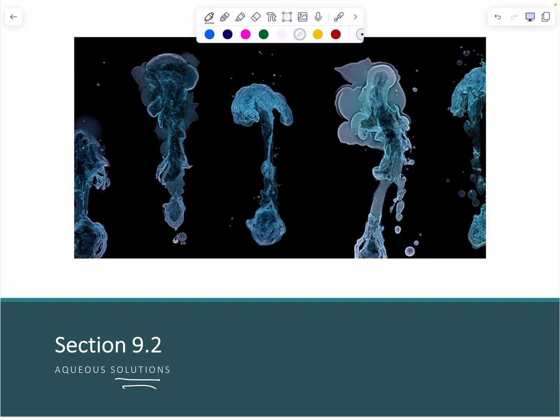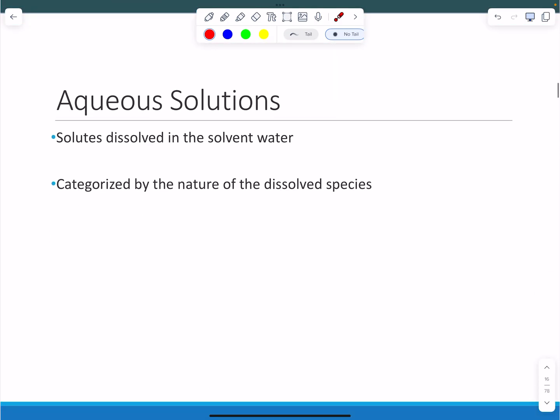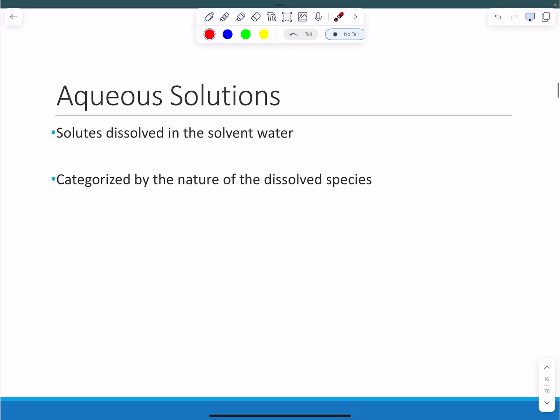So this picture that's up here is just showing you molecules that are insoluble precipitating when you get a chemical reaction occurring in the liquid. All right, so aqueous solutions, what are they?